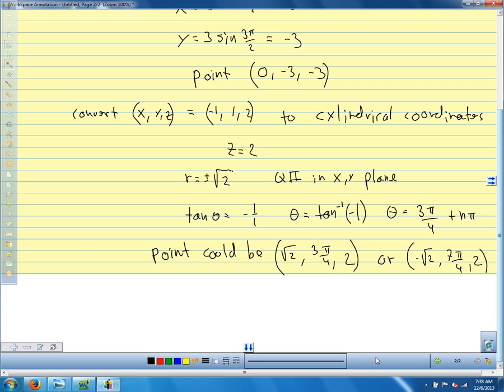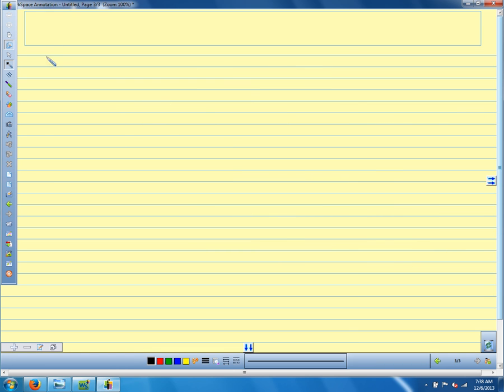Points representing points in cylindrical coordinates, kind of interesting. It gets much more interesting when we start talking about surfaces. So we want to go from rectangular to cylindrical with surfaces, and then talk about what kind of surface we have. And we'll go the other direction as well. So let's look at a surface: x squared plus y squared equals 4z squared.